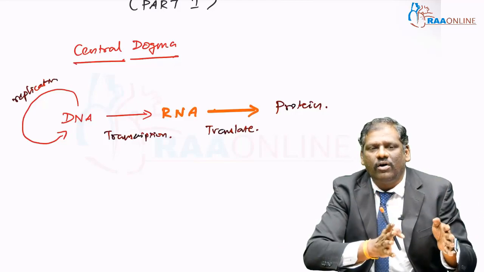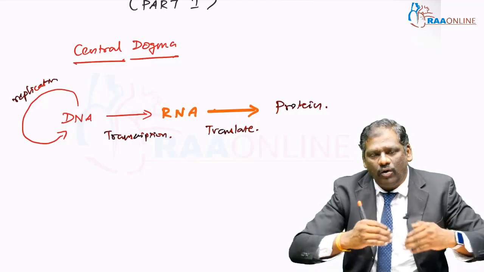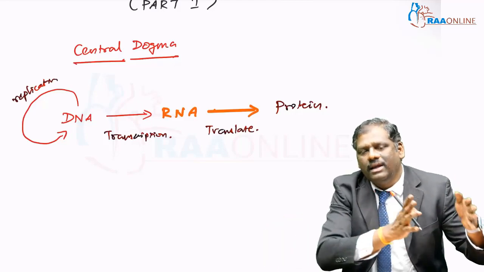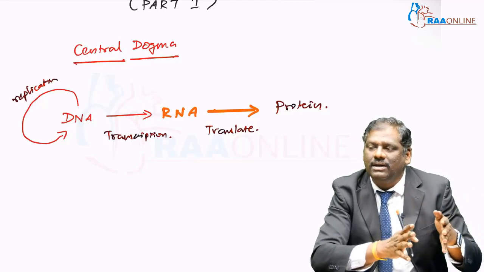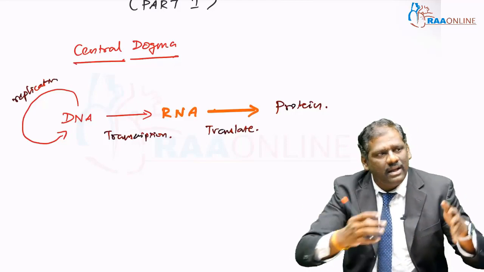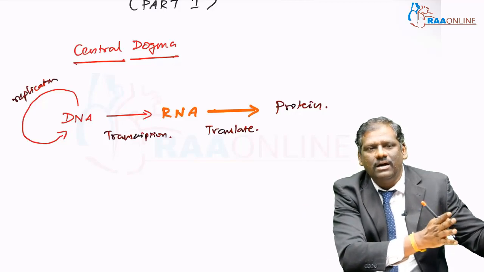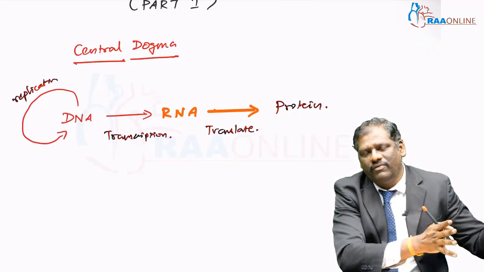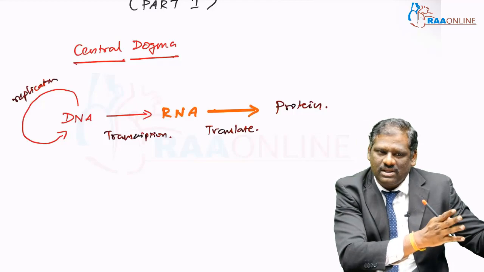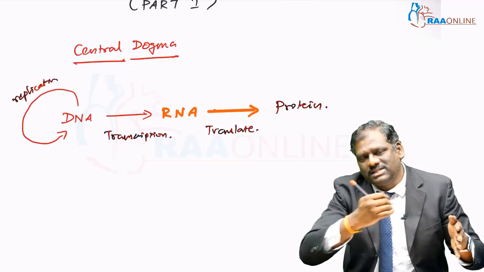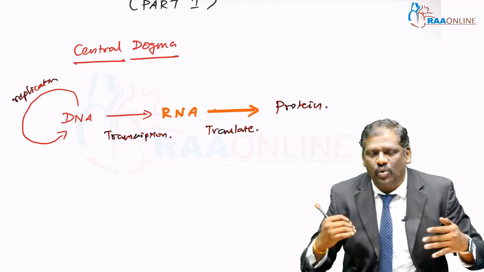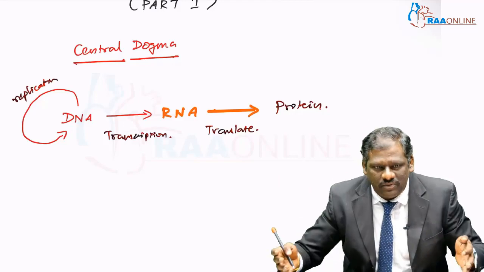Now that printed format, you want to distribute it all over the world, so you want to convert that into another language. For example, if the original copy is in an Indian language, say Tamil, you try to translate that into English so that it can be distributed all over the world.